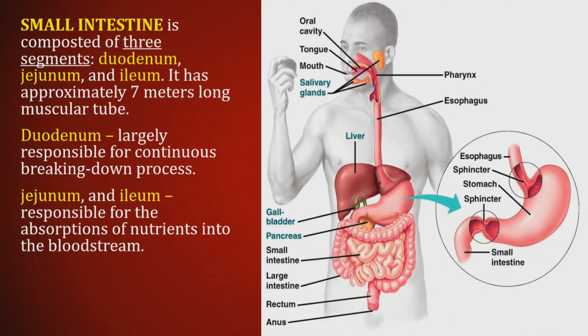The duodenum is largely responsible for the continuous breaking down process, while the other two, jejunum and ileum, are responsible for the absorption of nutrients into the bloodstream. Peristalsis is also at work in this organ, moving food through and mixing it with digestive secretions from the pancreas and liver.